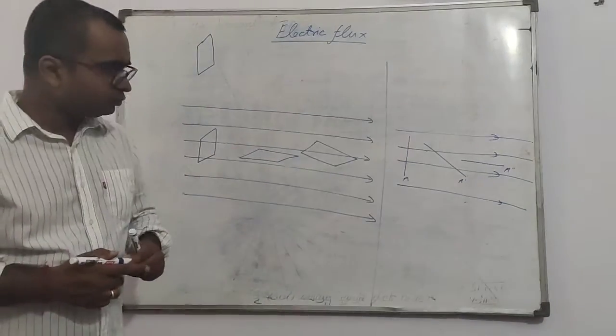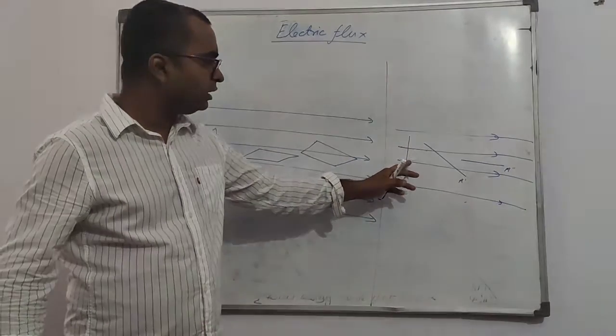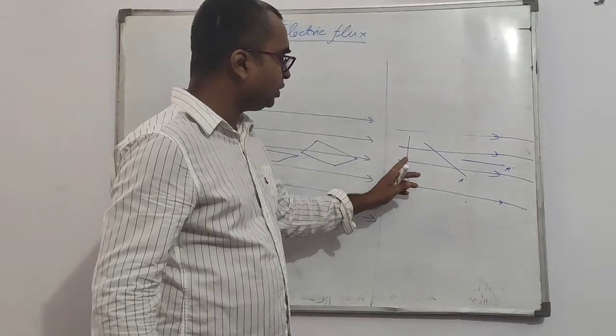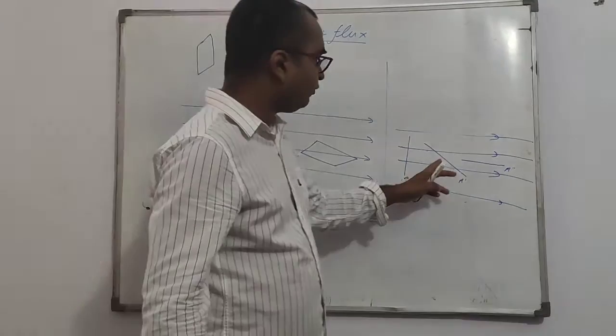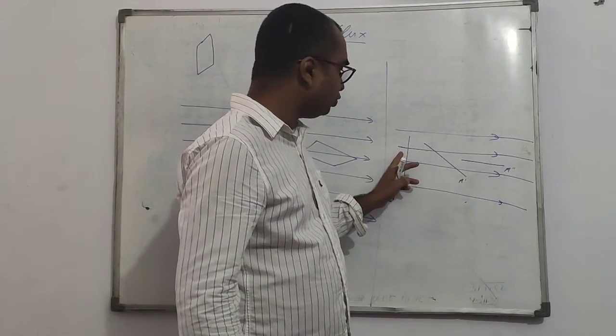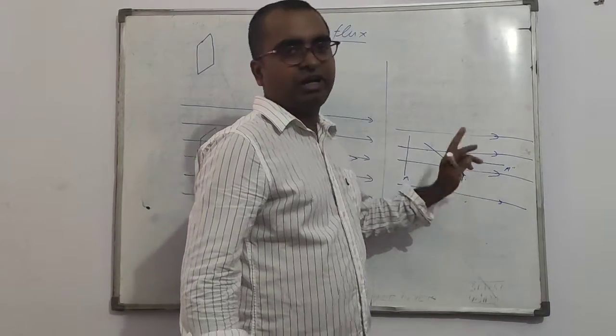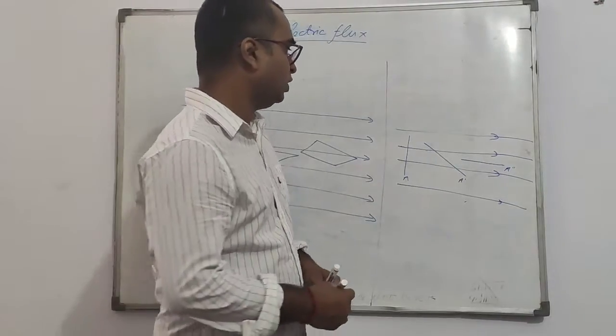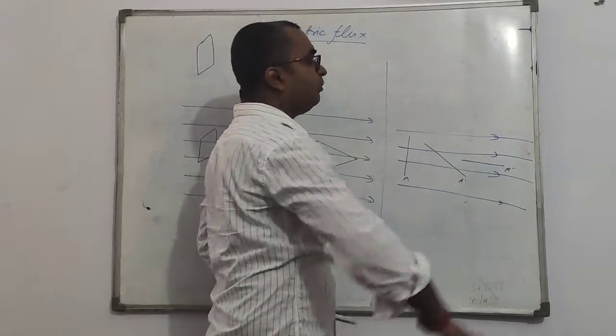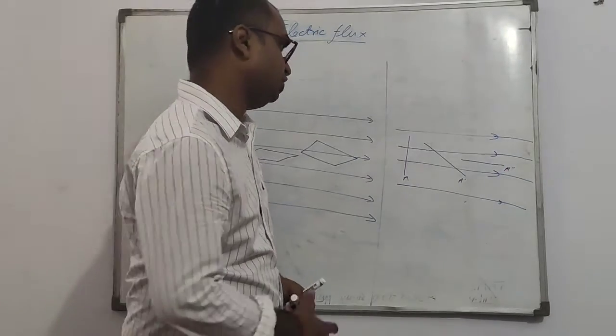How many field lines will pass through this A? From this also 2 field lines are passing, here also 2 field lines are passing, here no field lines pass. So if the angle changes, the number of field lines also changes.